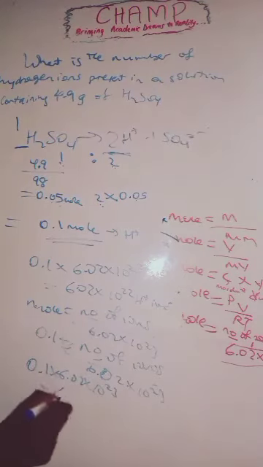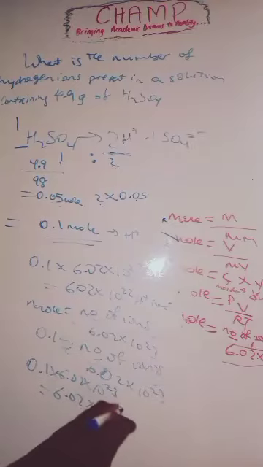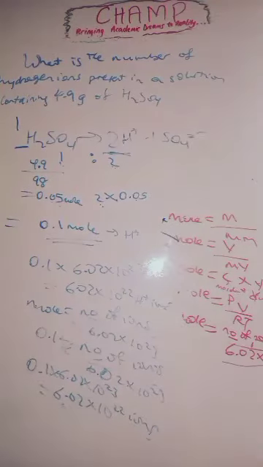That's the same thing, 6.02 times 10 raised to the power 22 ions. So please take note of that. The first thing is that you get the moles. After you've gotten the moles, you put it into your formula to get the number of hydrogen ions.